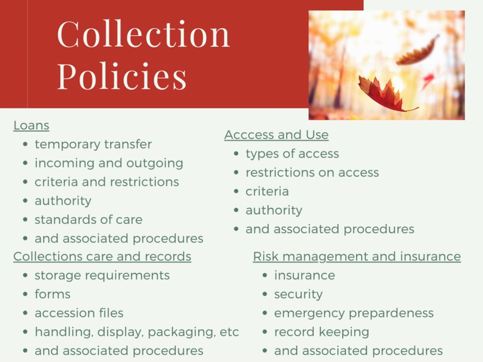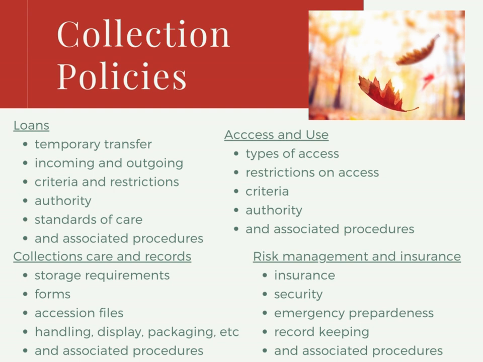The collections care and records section will include assignment of responsibility for collections care and record keeping, cataloging, inventory, and tracking locations and condition reporting, storage requirements, handling, display, packing, and shipping requirements, object labeling requirements, and any associated procedures and forms.